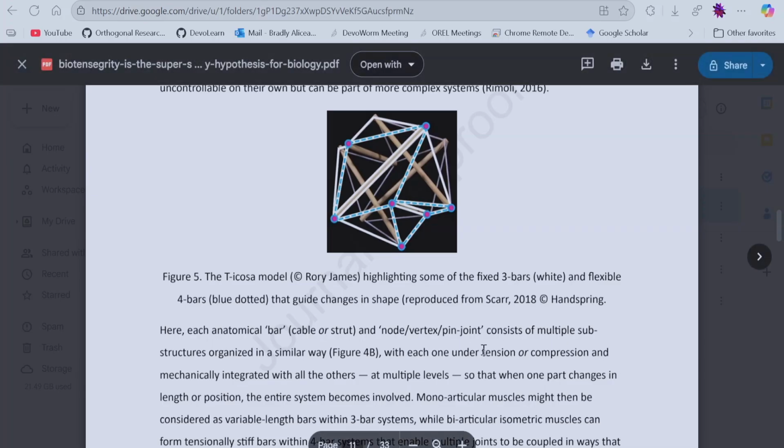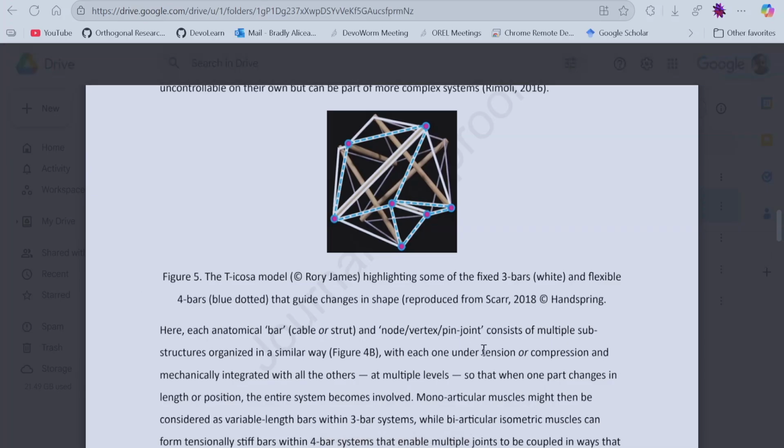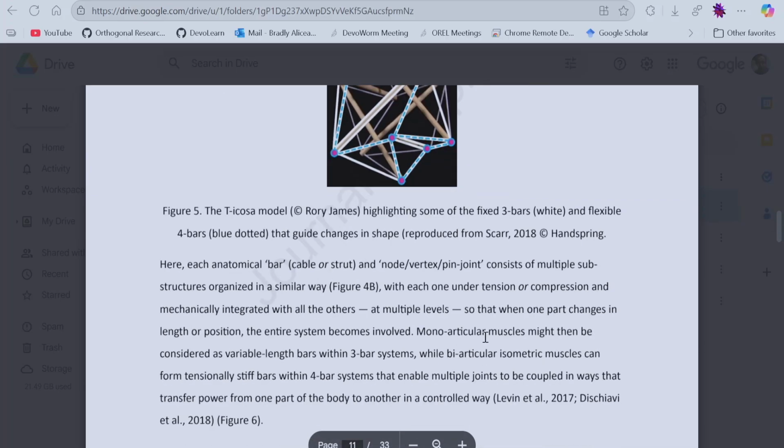A T3 is a little pyramid. Sorry, it's 3-sided. A 3-sided tensegrity is called a T3. And it's the simplest one, and it's very stable because it's triangles.